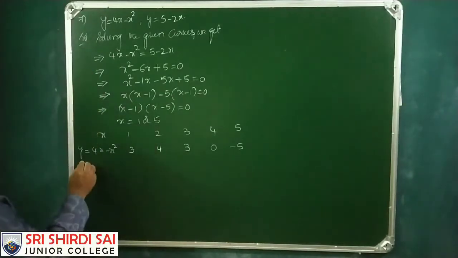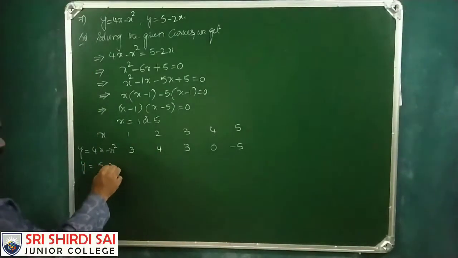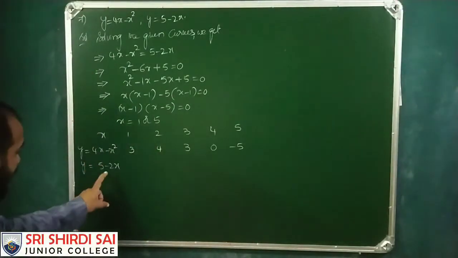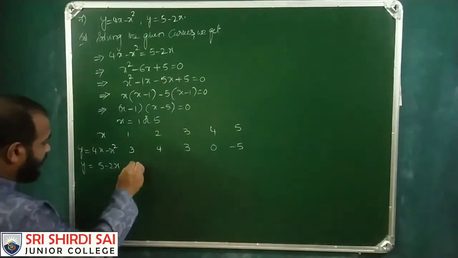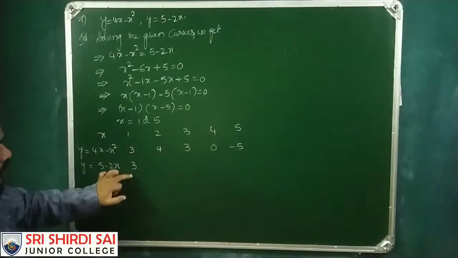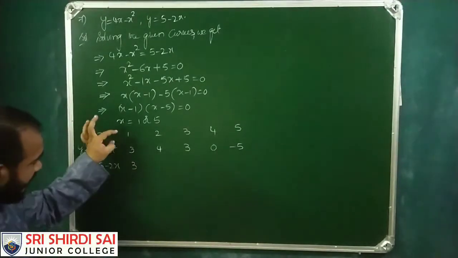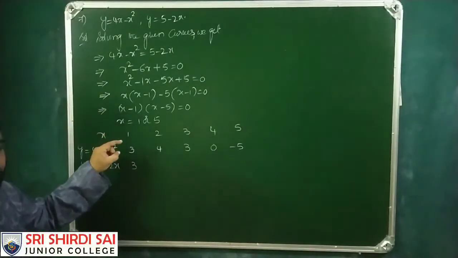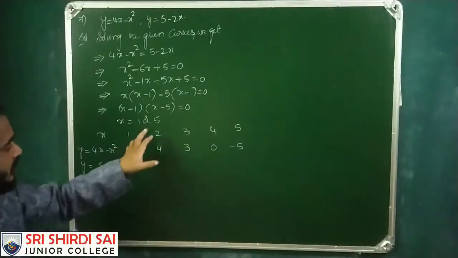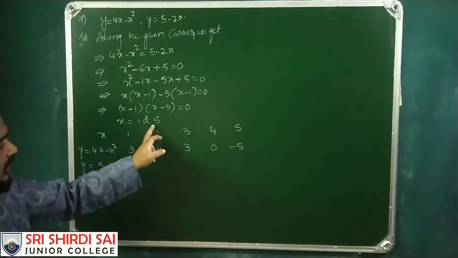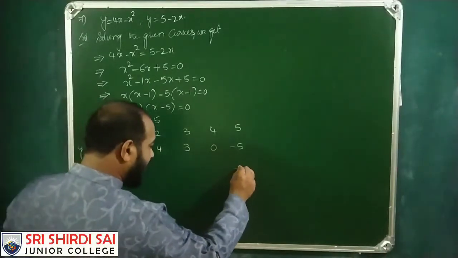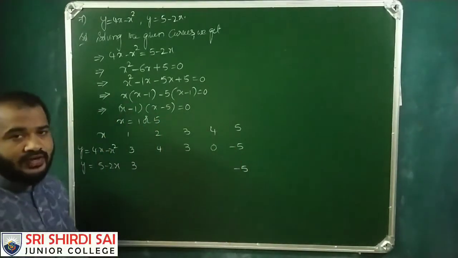And y equals 5 minus 2x curve now. So 5 minus 2 ones are 2, 5 minus 2 is 3. Since both are giving the same values, that means both are intersecting at x equals 1. In the same way, both are intersecting at 5, so we are going to get minus 5.